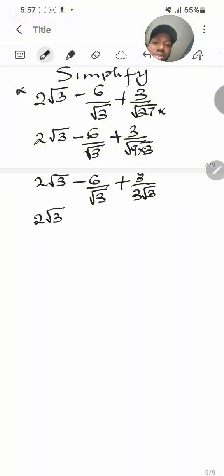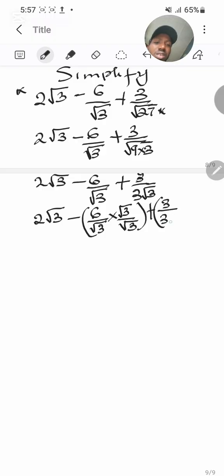So this is 2 root 3 minus, let's use a bracket so that we don't make mistakes, 6 over root 3 times root 3 over root 3. Close the bracket, plus 3 all over 3 root 3, times root 3 over root 3.